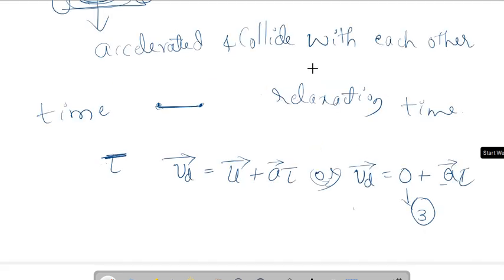Now the average drift velocity, according to physical kinematics, is u plus at. In vector form, that is u bar plus a bar into tau, and if the initial velocity is 0, the remaining term is a bar into tau. This is equation number 3.